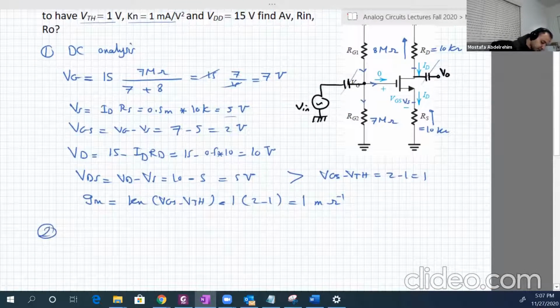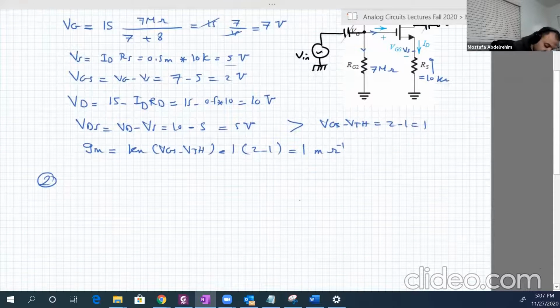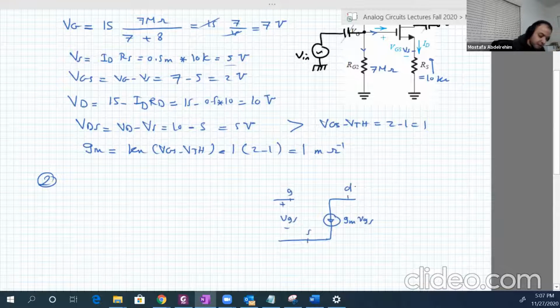Number 2, let's now draw the AC equivalent circuit. So we start first with the equivalent circuit of the transistor. gm VGS. Here is VGS between the gate and the source, and here is the drain.